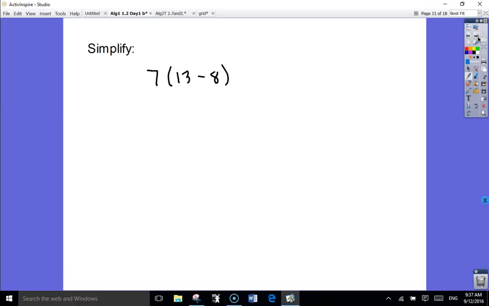What am I going to do first here? 13 minus 8, which is 5, right? And that's 35.